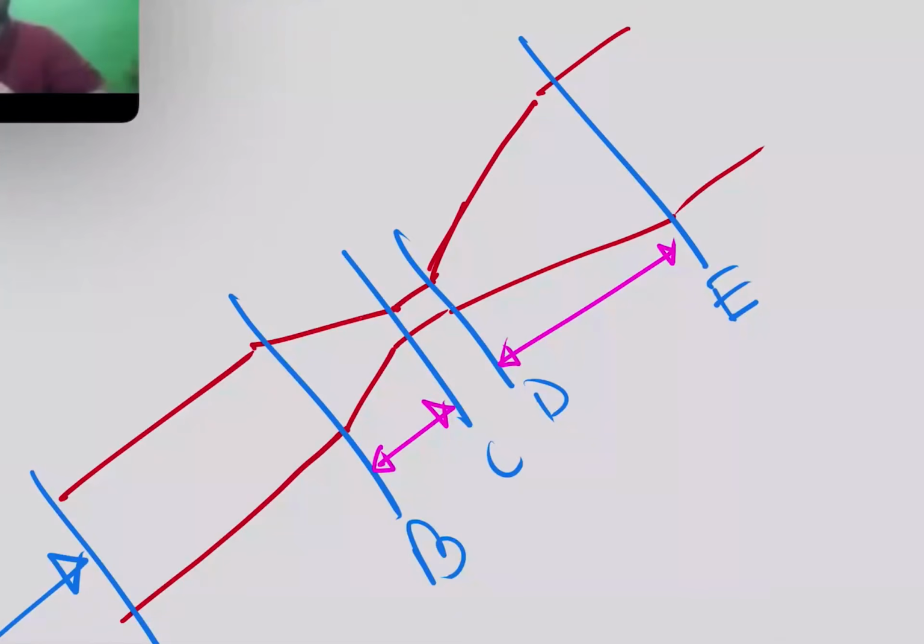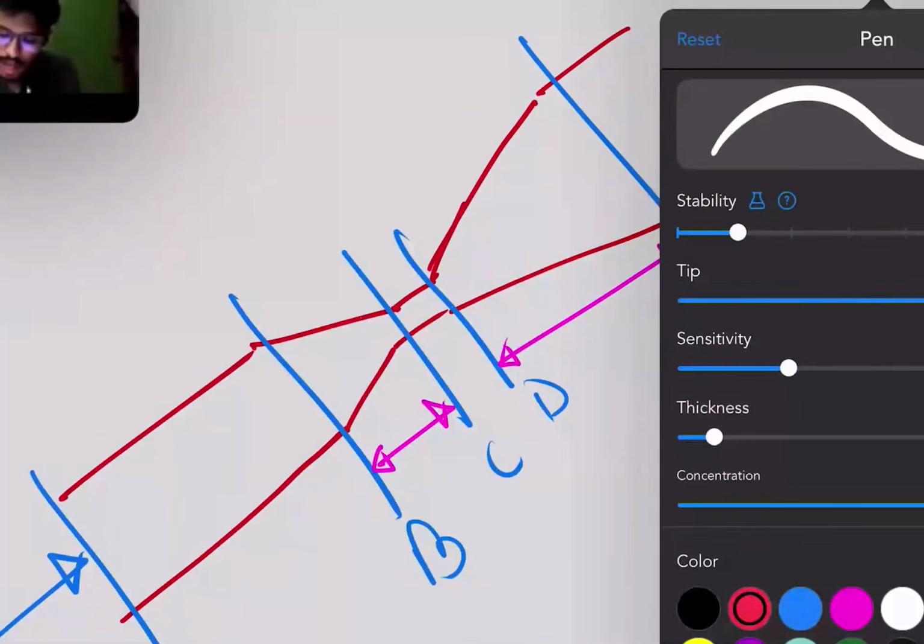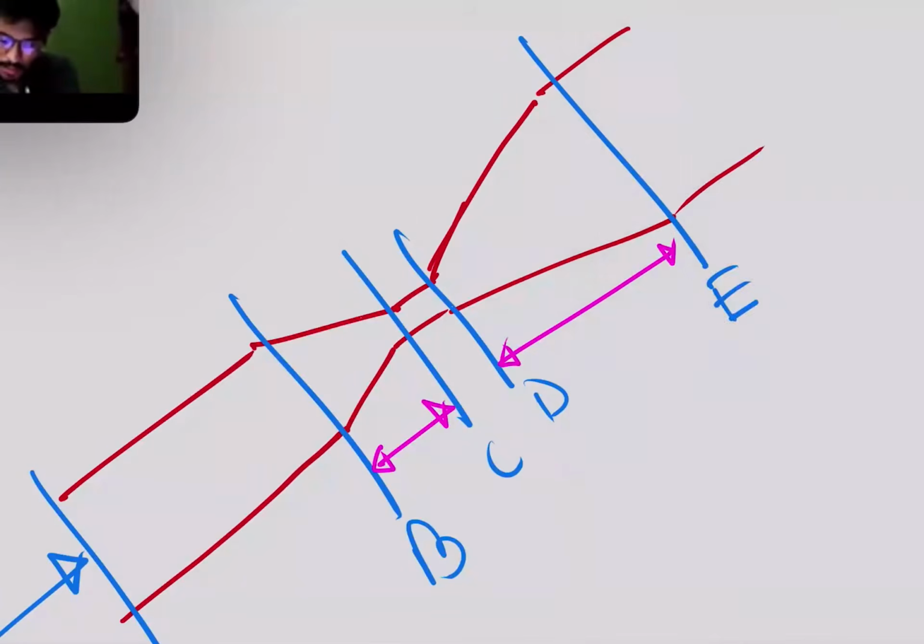So why cannot I make it the same alpha? If this is my alpha, why cannot I make it alpha? Okay, there will be adverse pressure gradient for sure. But is there a particular condition that the adverse pressure gradient imposes?